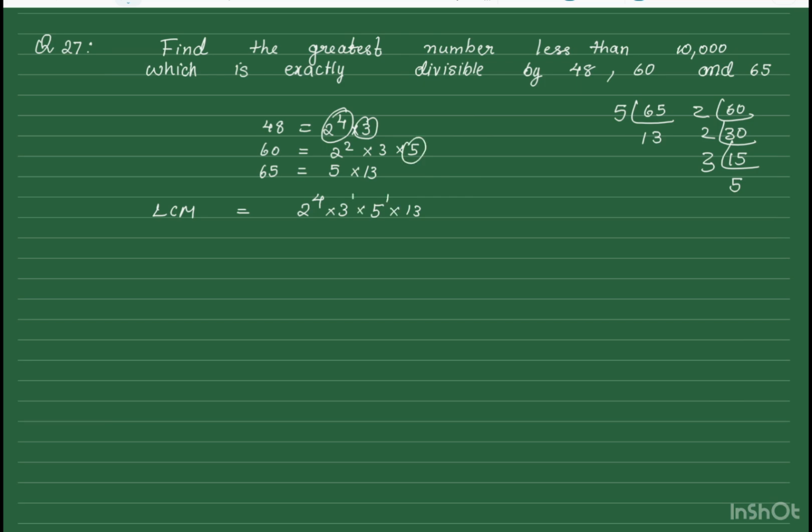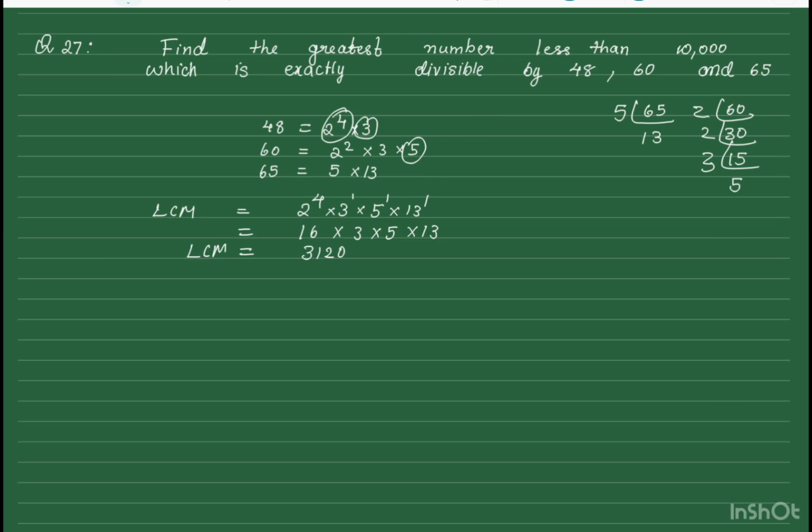So the LCM of 48, 60, 65 is 2 to the power 4, that is 16, multiplied by 3 into 5 into 13, that is equal to 3,120.